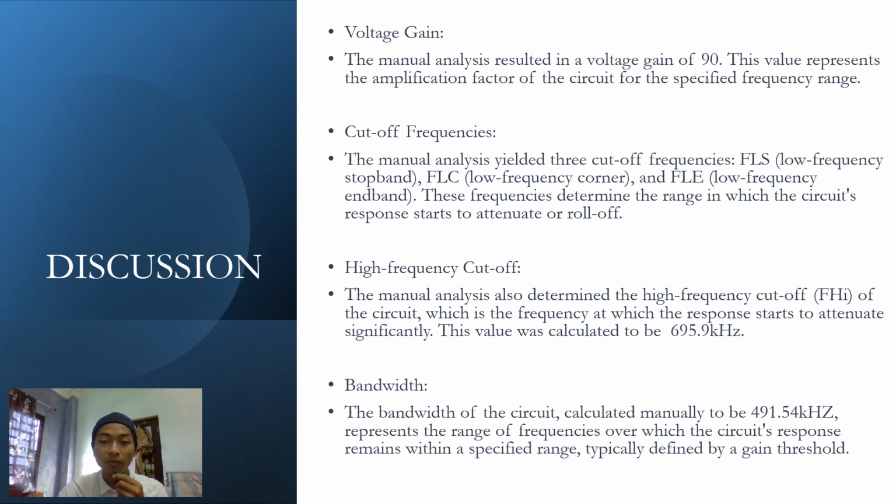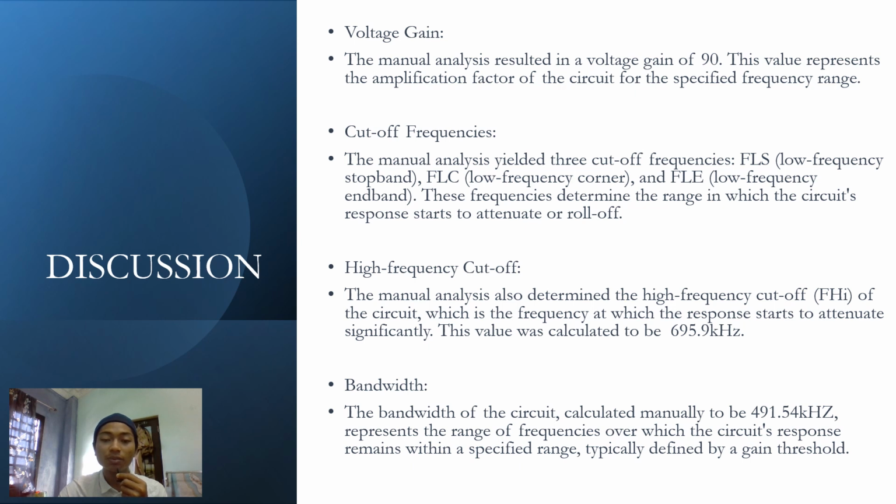Next is the high frequency cutoff. For the manual analysis, the high frequency cutoff or FHI of this circuit shows where the response starts to attenuate significantly, and the value we get for this assignment is 995.9 kilohertz.